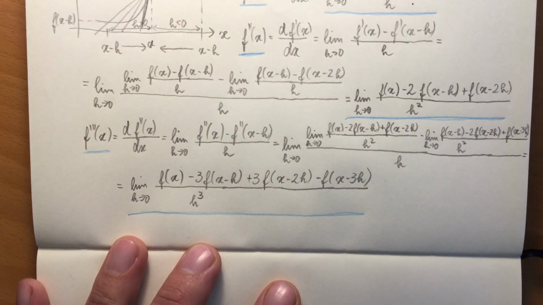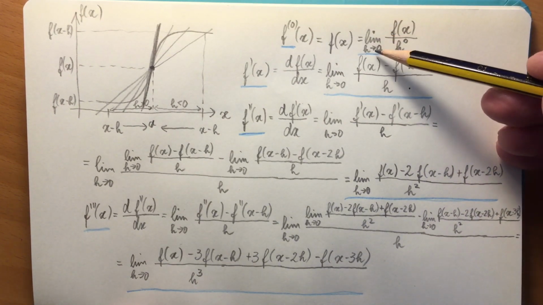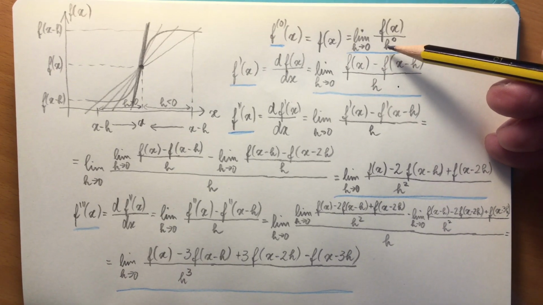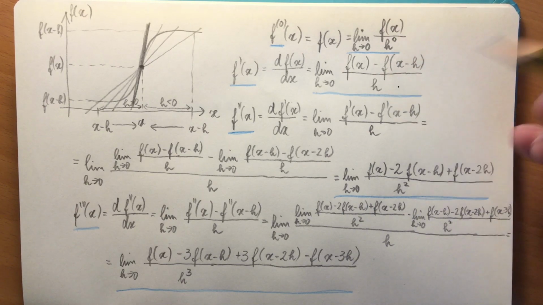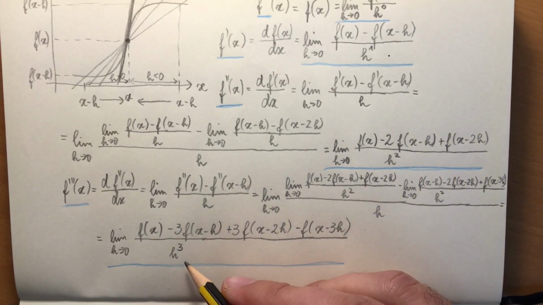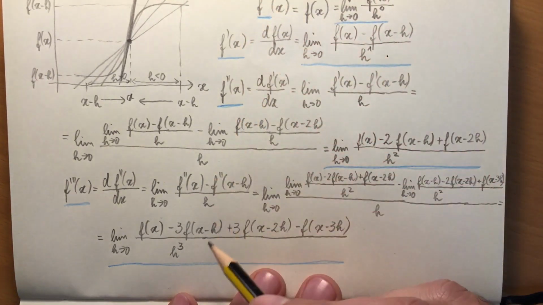Well, what I see is that I always have a limit as h goes to 0. In the denominator I have h power 0, h power 1, h power 2, h power 3. It is always the order of the derivative itself.